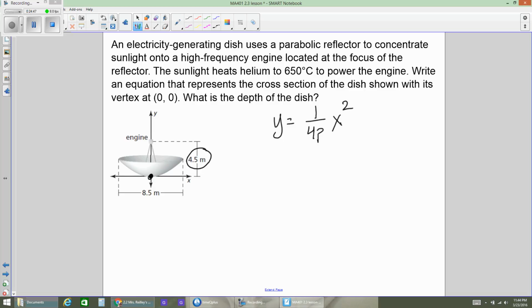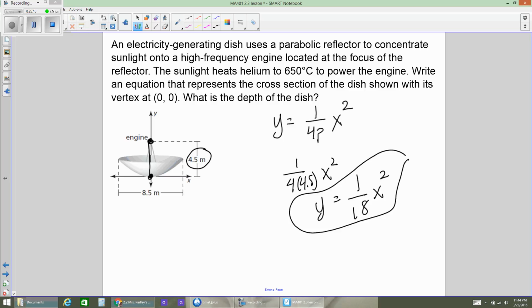That is the distance from the vertex to the focus, so it's the p-value. So 1/4 times 4.5 x squared. What is 4 times 4.5? y equals 1 over 18 x squared. Okay, there is our equation.